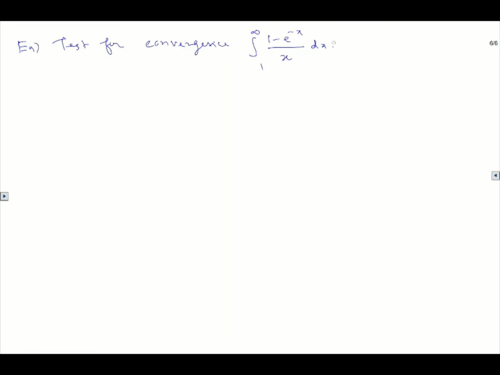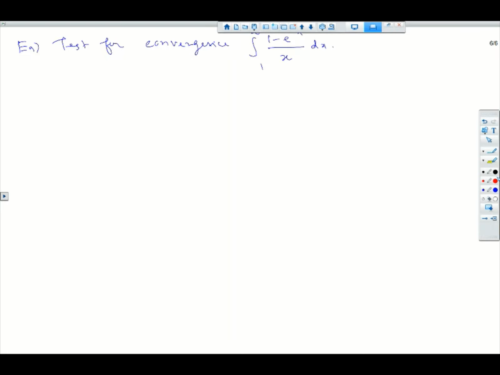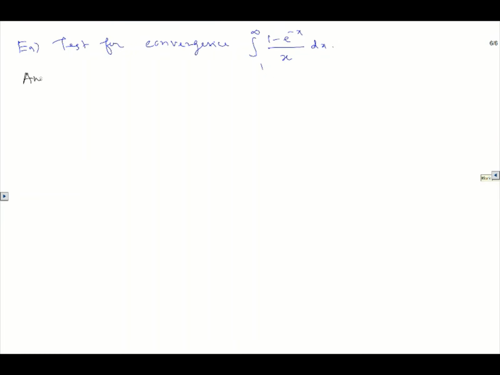So this is a kind of integral that we're trying to test. But you can see that if you try to use the direct comparison, it can be very confusing here because we don't even know what to compare with. But if you go with the limit comparison, it's very easy. So let's see what's going to happen.